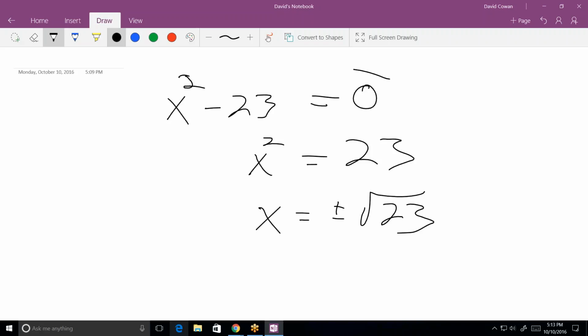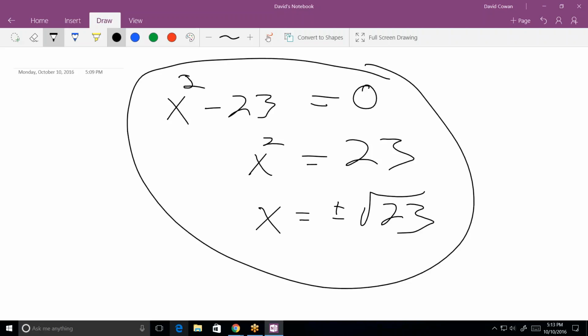Perhaps some people would find this slightly simpler. It doesn't involve factoring, but it leaves you open to making the mistake of leaving that off, and I guarantee you will lose points if you leave that minus. Absolutely, because it's not the right answer if you just put root 23.